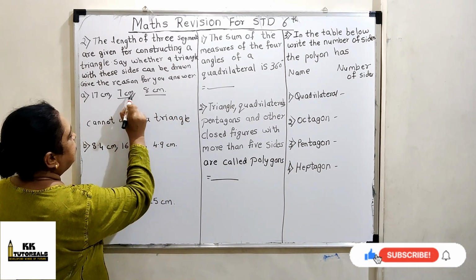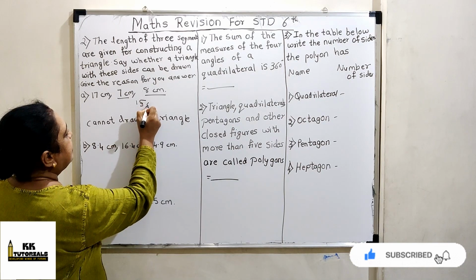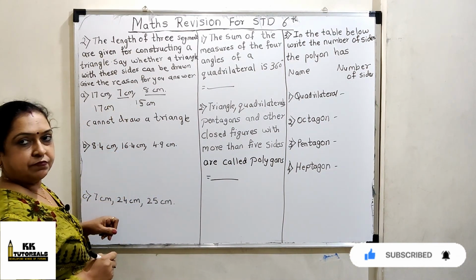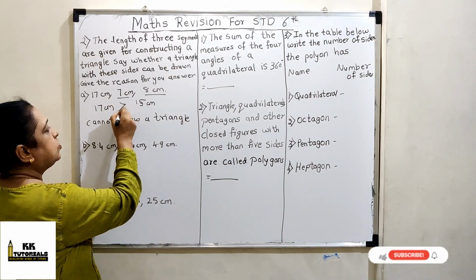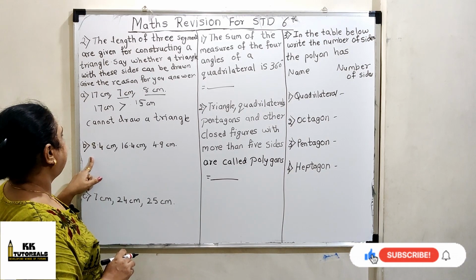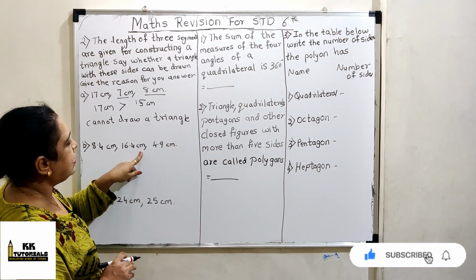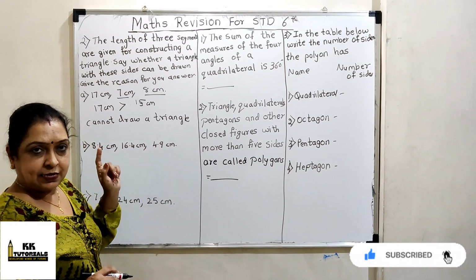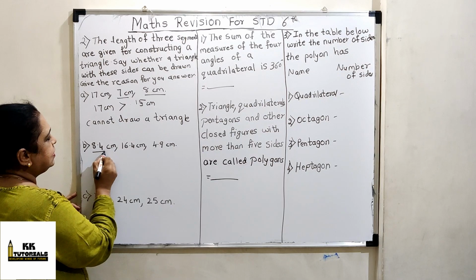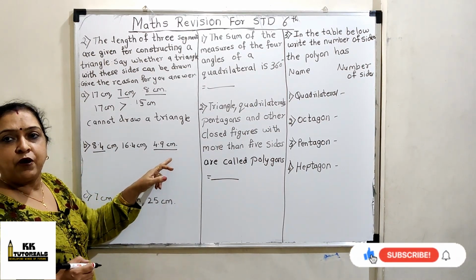See, I'll show you. 7 plus 8, it is 15. Okay. 15 centimeters. And this is 17 centimeters. 17 is greater. So we can't draw over here. Now, second sum. 8.4 centimeters, 16.4 centimeters and 4.9 centimeters. In this case, which are the two smaller numbers? This one and this one. Okay. 8.4 and 4.9.